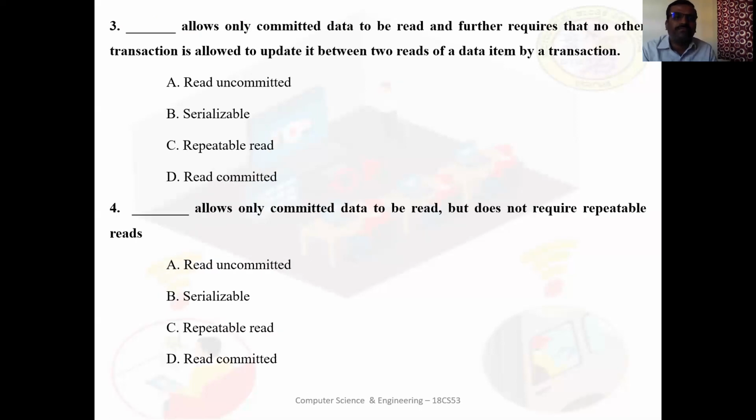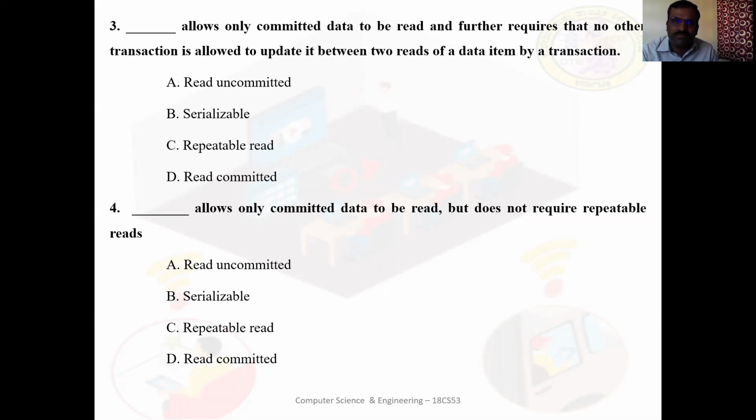Third question is, dash allows only committed data to be read and further requires that no other transaction is allowed to update it between two reads of a data item by a transaction. A, read uncommitted, B, serializable, C, repeatable read, D, read committed.